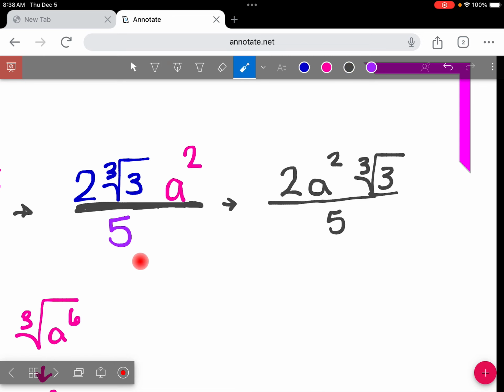So this is good, this is better. But I would take both, as long as it's really clear that this guy is not in your square root. If your square root comes over to here, less good. So just be careful.